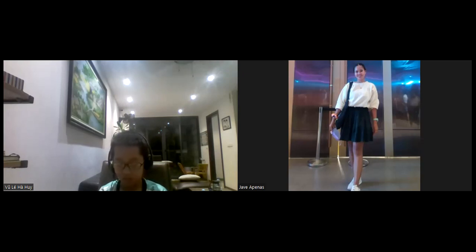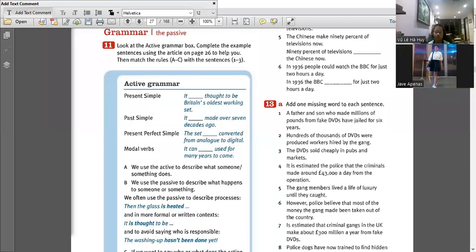Now, today we're going to continue the book that we learned last time. So just wait, I'll share it with you. Here it is. Can you see it? Okay, so again, we're gonna learn first the grammar.